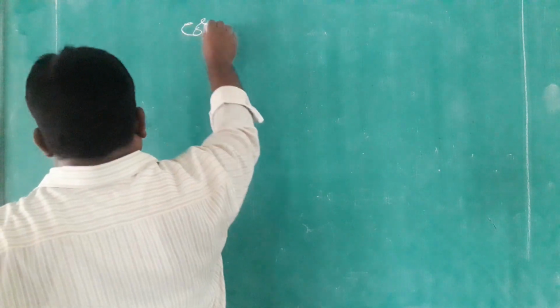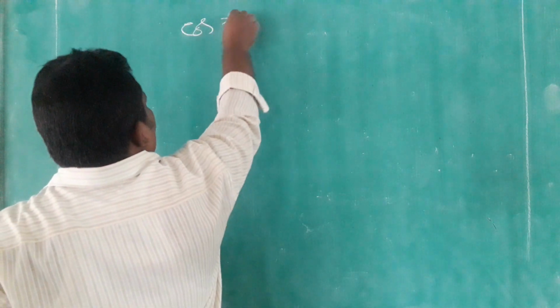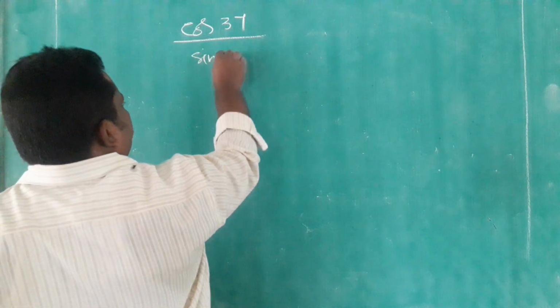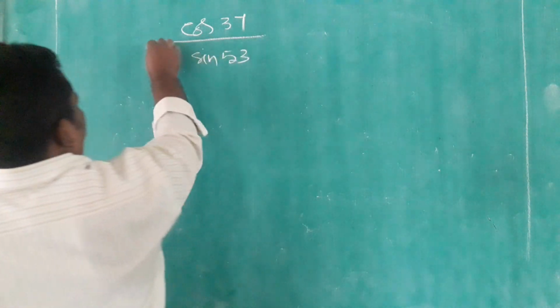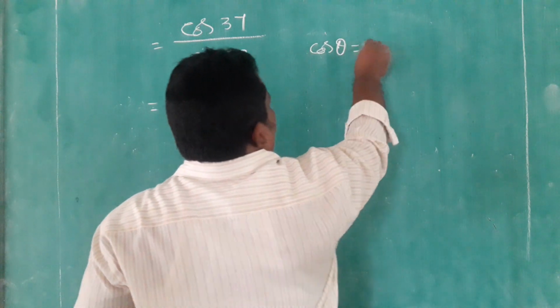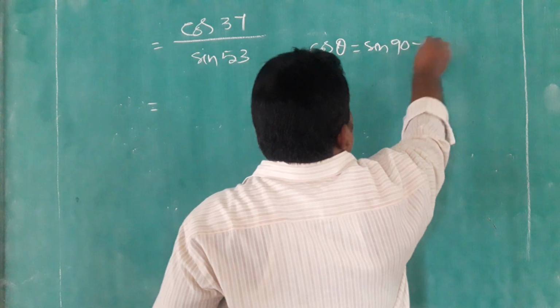Next question. Find the value of cos 37 by sin 53. Okay, we know the formula cos theta is equal to sin of 90 minus theta.